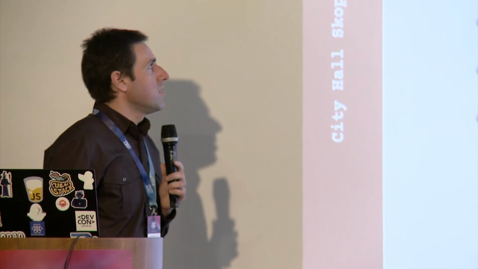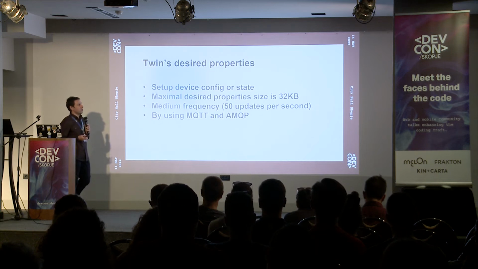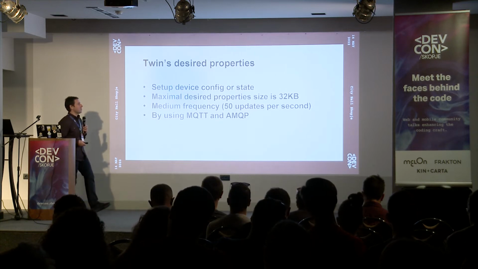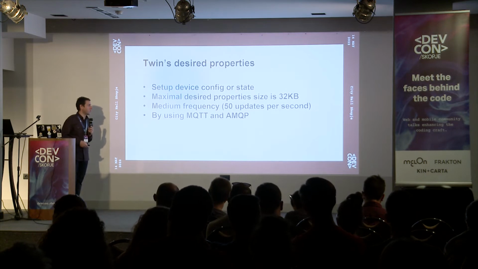About the device twin, this is the configuration that the cloud should set up. It could be some state of the application, how it should behave over time, and the size is 32 kilobytes per property with medium frequency, using MQTT or AMQP.